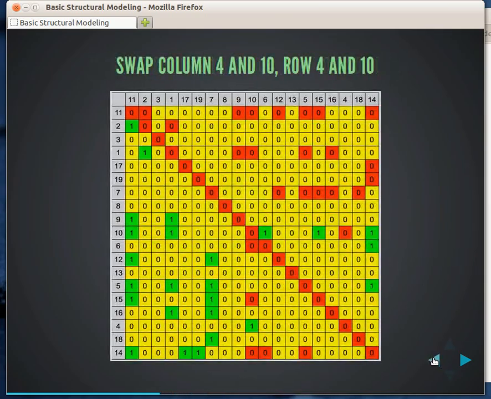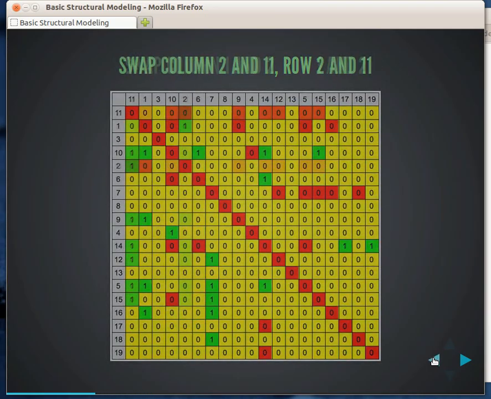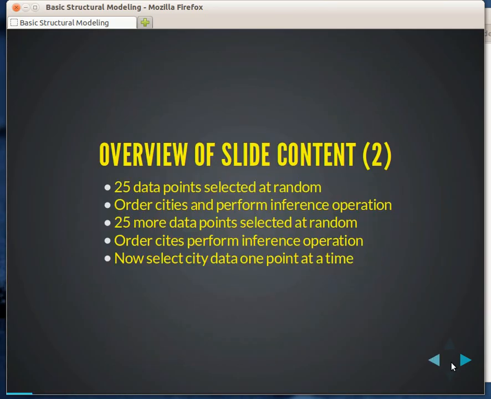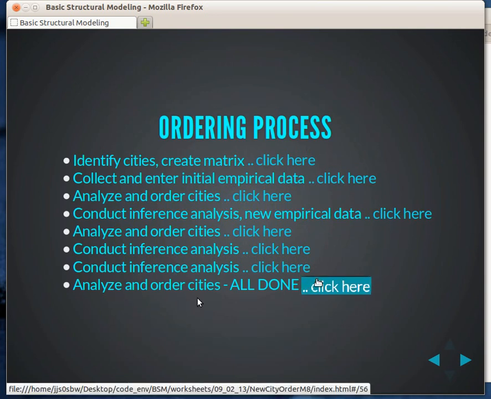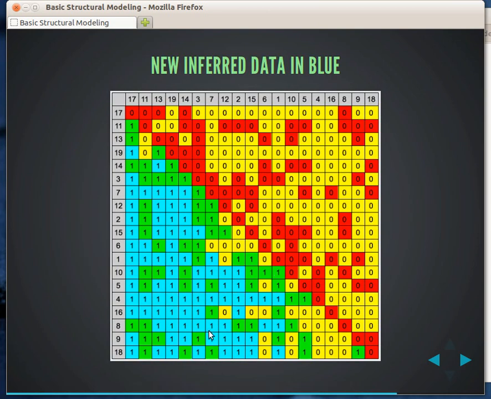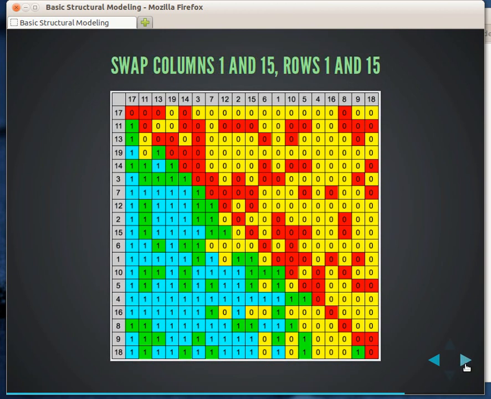Okay, so now we're going to go back to the beginning again. Look very quickly. Whoa, went past it. Okay. And so then we'll collect some more data, do another inference. And in this particular case, you can see there's a lot more blue. But now we're going to just select the data to get one at a time.